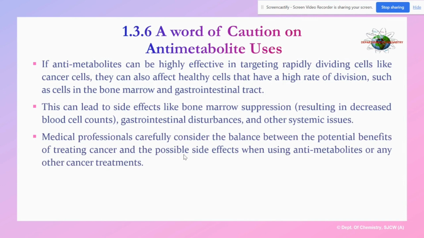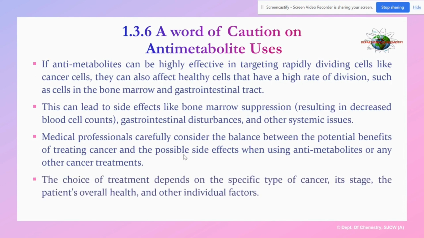Medical professionals carefully consider the balance between the potential benefits of treating cancer and the possible side effects when using antimetabolites or any other cancer drugs. The choice of treatment depends on the specific type of cancer, its stage, the patient's overall health, and other personalized factors.